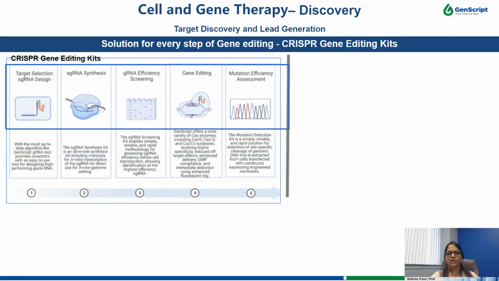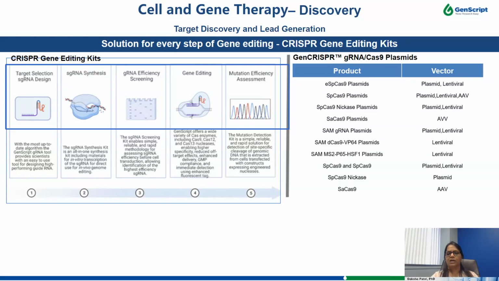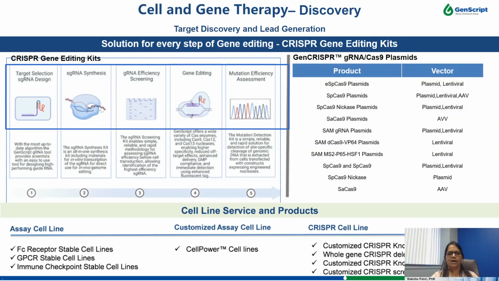The gene CRISPR nuclease also supports RNA and DNA editing, and the Cas plasmids are also a good choice for easy use. Along with that, customized cell lines are also provided, and these cell lines are of different types. They may be stable cell lines or customized cell lines for cell therapy or CRISPR-stable lines.